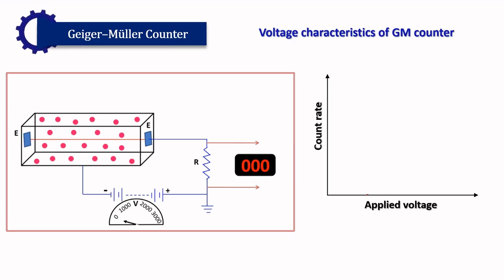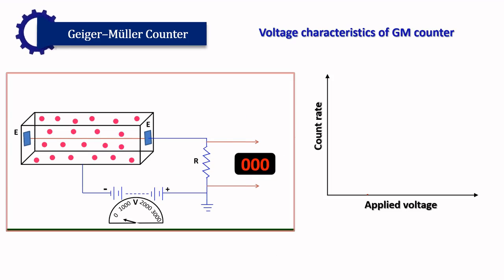To study the voltage characteristics of a GM counter, we plot the counting rate against the counter potential. Here, we vary the potential from a few hundreds to a few thousands. If the potential is low, the tube does not work. If we increase the potential above the threshold value, the counting begins and rises rapidly to a flat portion of the curve called the plateau.